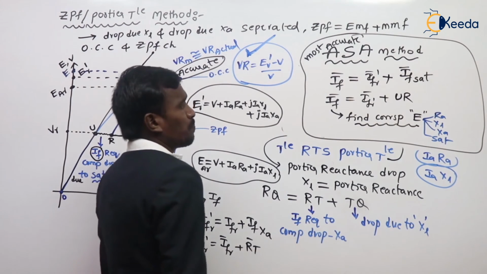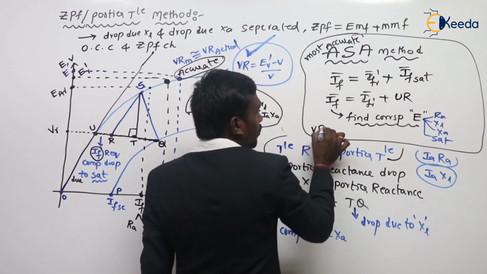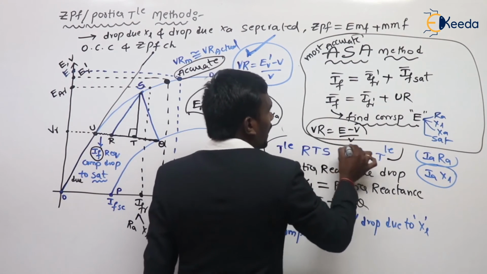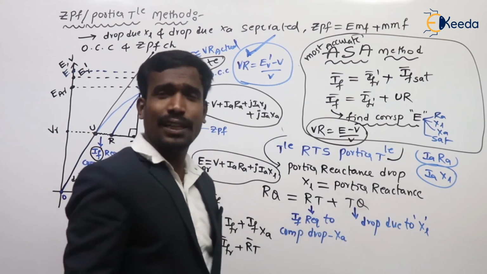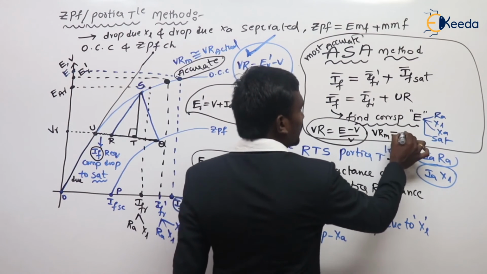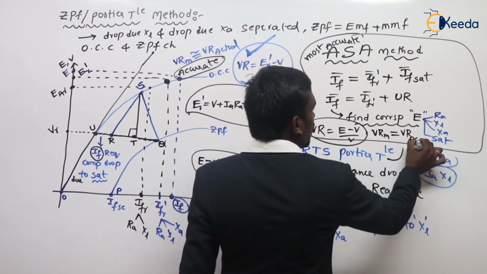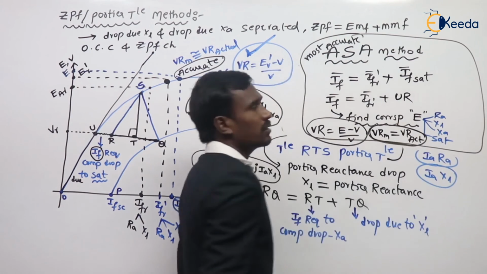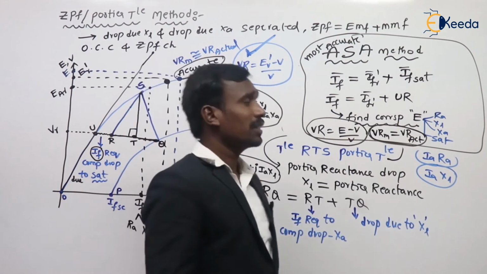And here voltage regulation equals (E minus V) upon V. Like this we can find our voltage regulation. The measured voltage regulation is exactly equal to the actual voltage regulation. This is the ASA method.